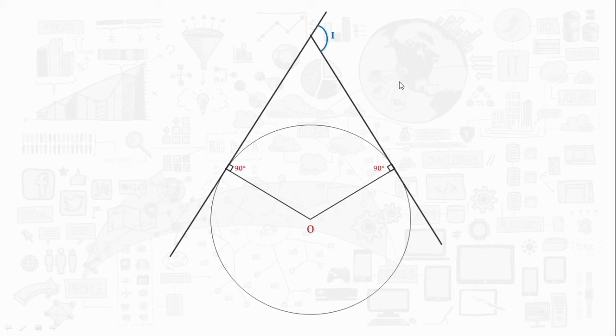As we can observe here, we are dealing with a quadrilateral, since it has 4 sides. But before that, let us observe this part first. From this one to this one, this is angle I. And from here to here, the angle is equal to 180 degrees, because it is a straight line.